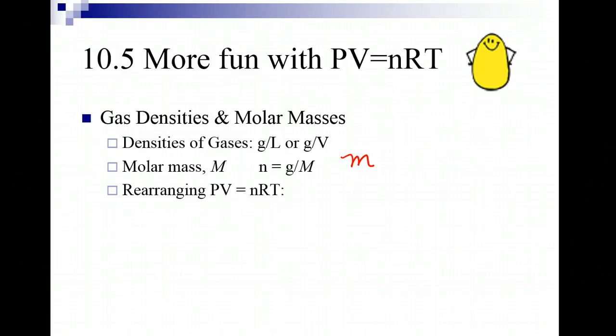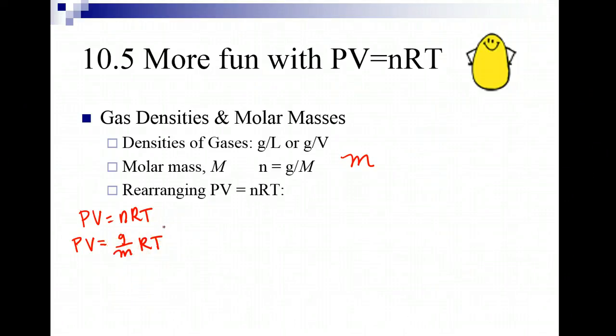And let me show you what I mean. If we start with just PV=nRT, and we substitute the idea that we find moles by taking grams over molar mass, I could get PV equals grams over molar mass, RT.